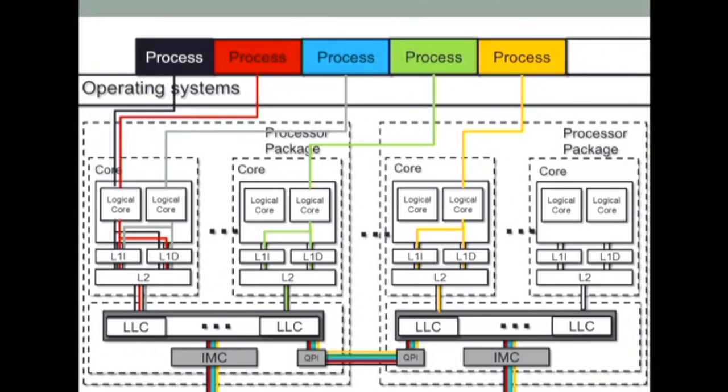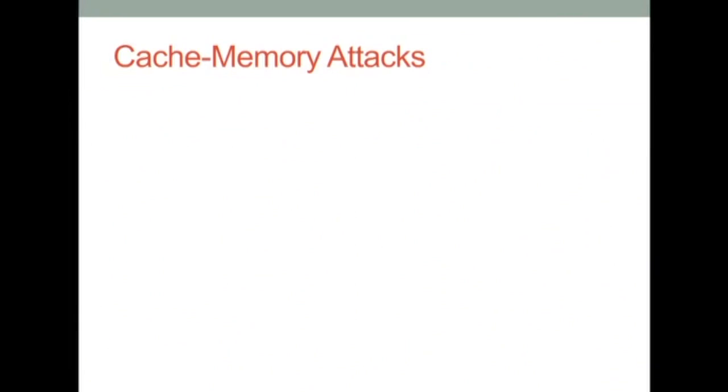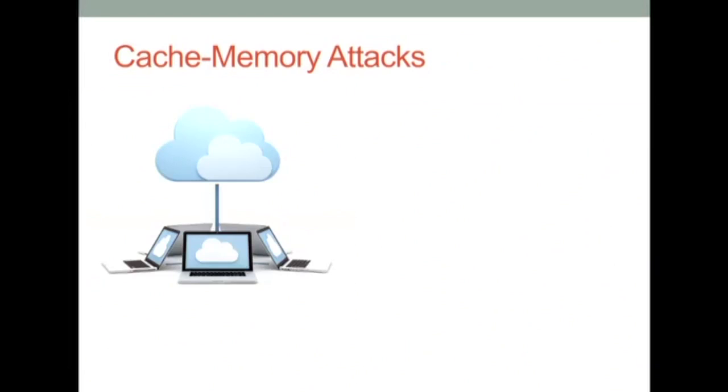Here I want to emphasize that multiple processes supported by the same operating system share the entire cache and memory hierarchy, and this could be a security problem. So what kind of scenario am I talking about? One scenario that comes to mind is cloud computing. In the cloud, multiple tenants can run virtual machines on shared computer hardware, and therefore share the same CPU cache and hardware memory. Another scenario is mobile devices.